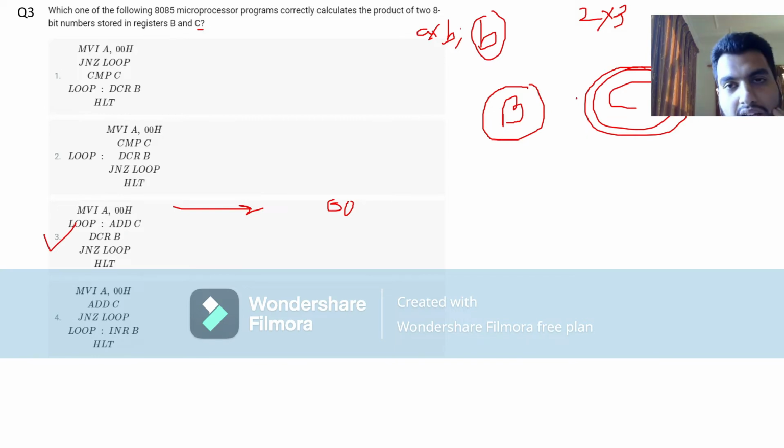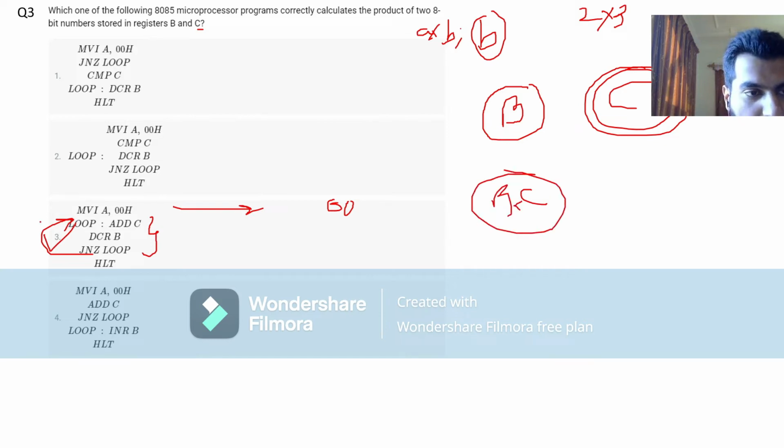Then we are decrementing B, and on non-zero we jump back to the loop again. So this essentially adds C B number of times, which is simply B multiplied by C. So this is our multiplication operation of two numbers stored in registers B and C.